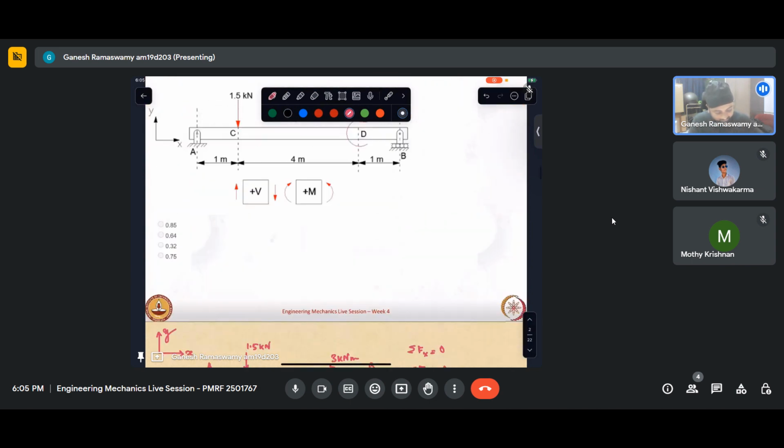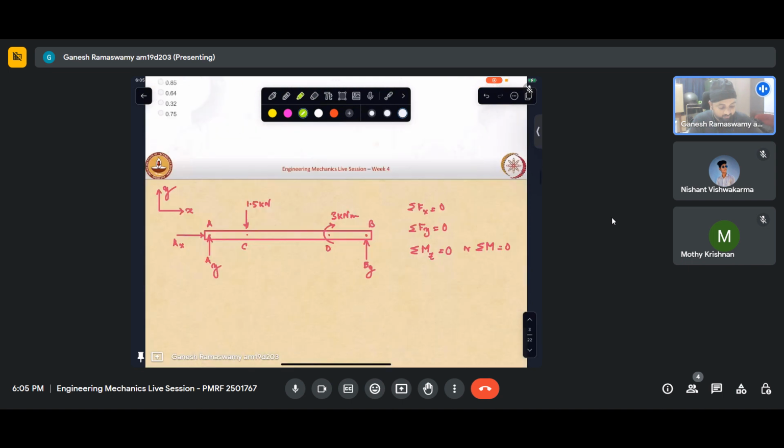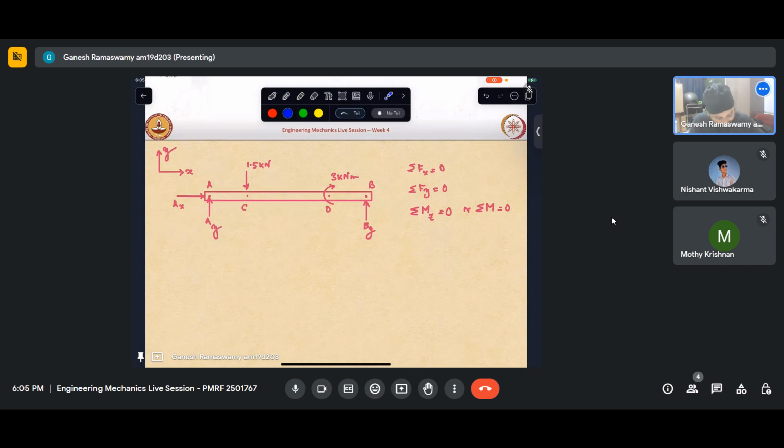Now my question only asks for the magnitude of the vertical reaction. I could solve everything systematically, but since it asks for the vertical reaction, this has no bearing on the horizontal reaction because both are independent. So I will apply sigma Fy equal to 0 first.